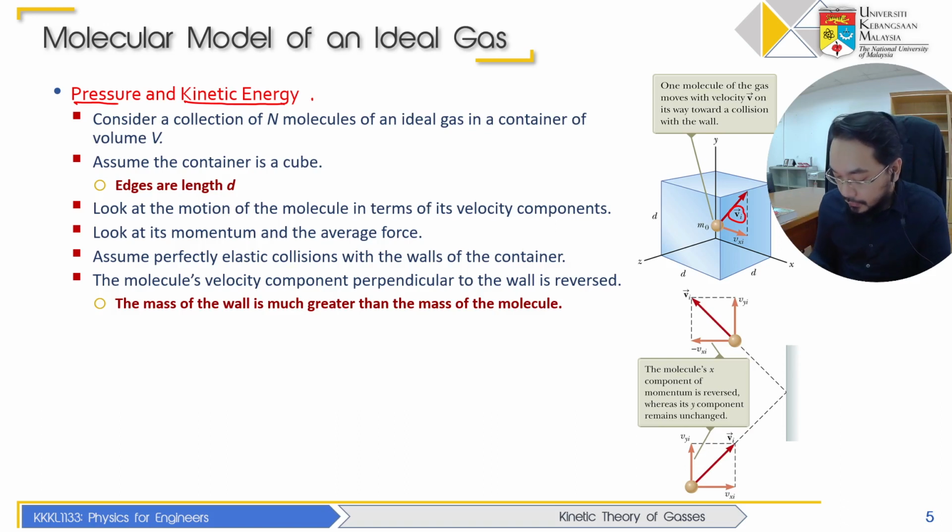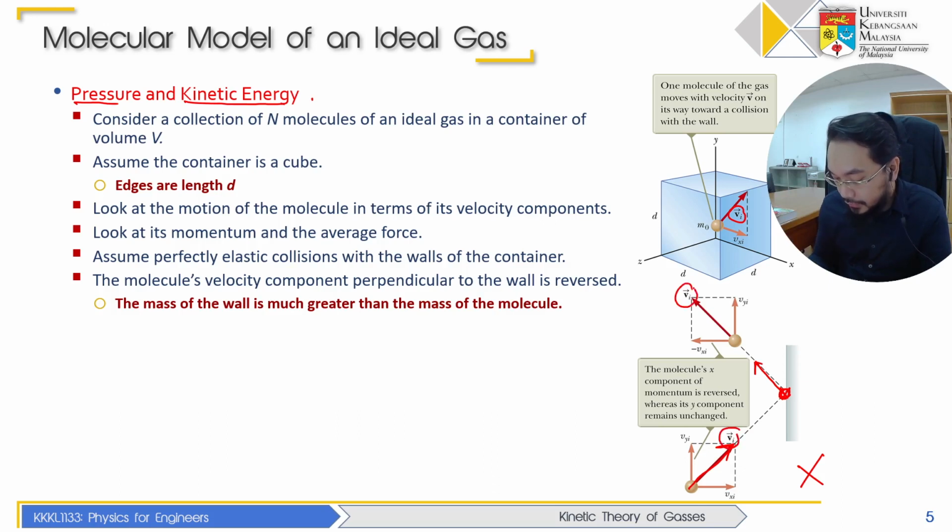If you look at this figure here, the atom will hit the wall here, and then it will bounce back. Once it bounces back, because of perfectly elastic collision, the kinetic energy is conserved. Therefore, the magnitude of the speed does not change.